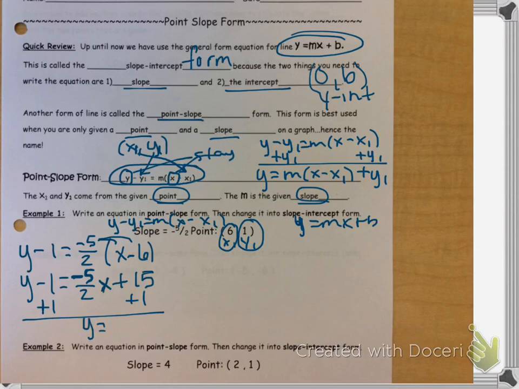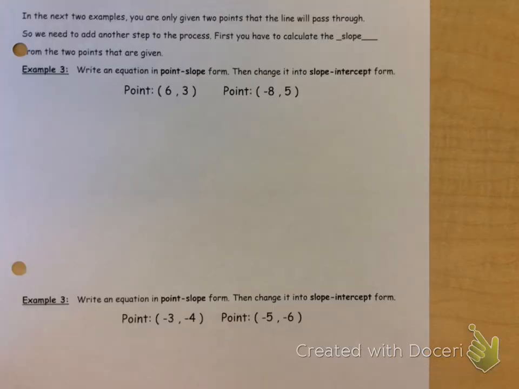So I get y equals negative 5 over 2x, 15 plus 1 is 16. And now I can see my slope has not changed. My slope is still negative 5 over 2 if I wanted to graph that, and my b is (0, 16). So I would like you to try example 2.